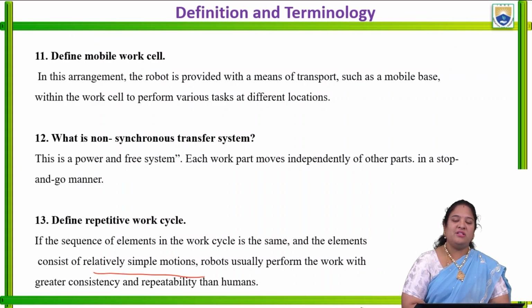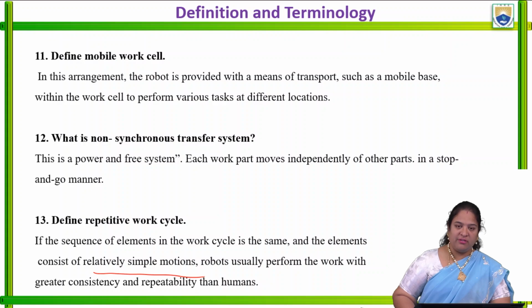But when the same work is given to a robot, it completes faster, the time consumption and production cost are reduced, and the quality of the product is also good. So for the repetitive work cell, we generally use robots.